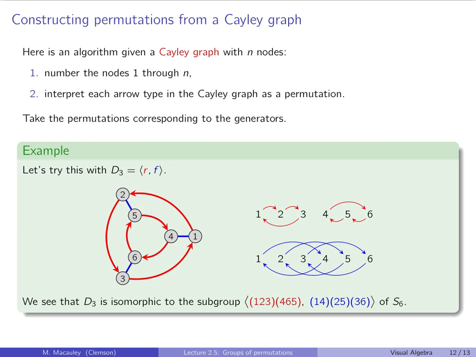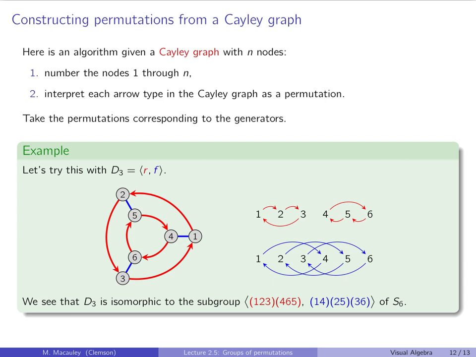Next, interpret each arrow type in the Cayley graph as a permutation. So, multiplying by r, you can think of as sending 1 to 2, 2 to 3, 3 to 1, there's that 3-cycle, and 4 to 6, 6 to 5, 5 to 4, there's that 3-cycle. And then the blue arrows, which is multiplying by f, swap 1 and 4, 2 and 5, and 3 and 6.